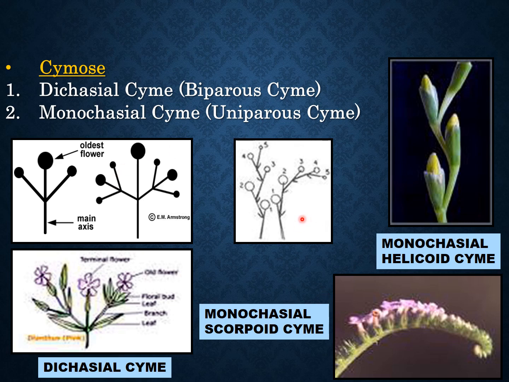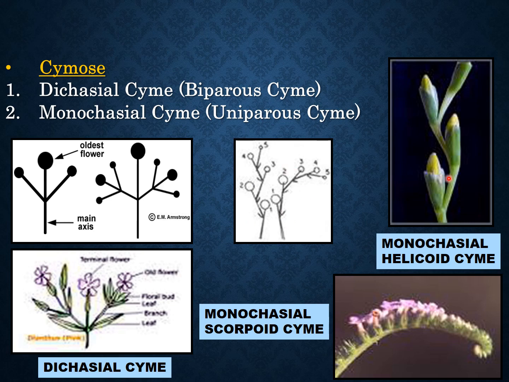But when younger flowers arise from only one side of the older flowers, it is called monochasial cyme. So monochasium is differentiated into helicoid cyme and scorpioid cyme.